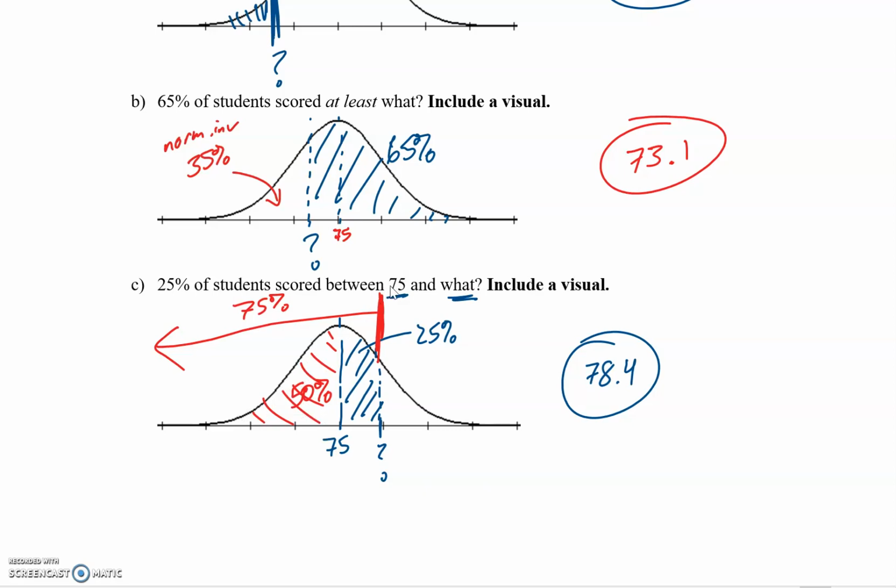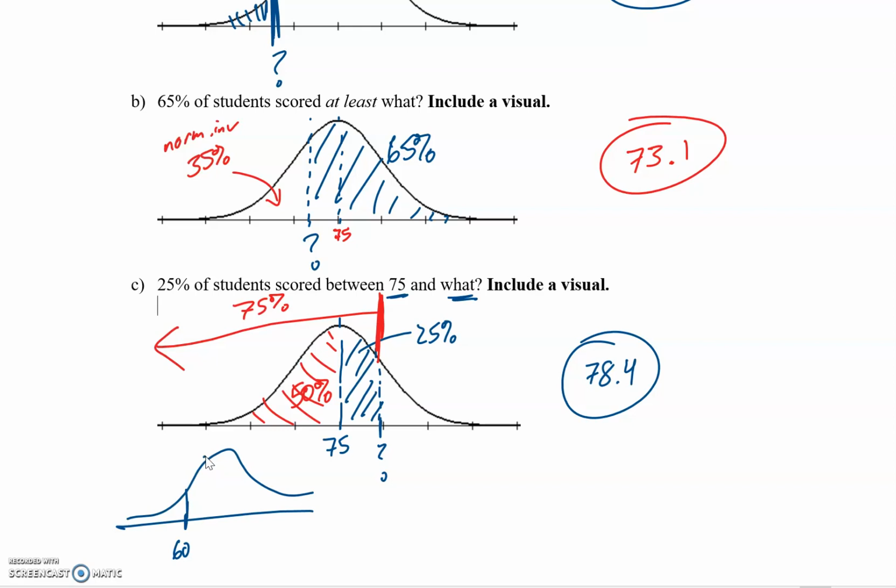Now I used the mean for simplicity. You didn't have to though. We could have said 25% scored between 60 and what? And we would just have to use the norm function for 60 and ask what percent of the data is below 60. So we could have done that with some other point, 60 being back here somewhere.